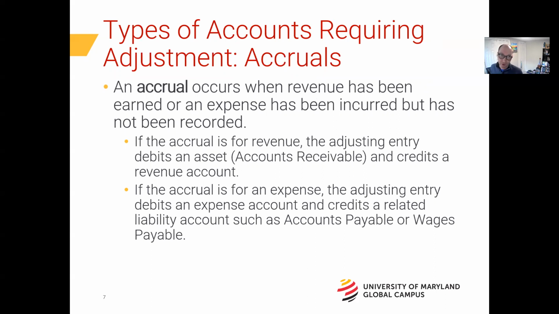Accruals occur when revenue has been earned or an expense has been incurred, but not yet recorded. Examples of accrual accounts would be accounts receivable and accounts payable. Accounts receivable means we provided the good or the service to the customer, but the customer has not yet paid us, so it creates what we call an accounts receivable.